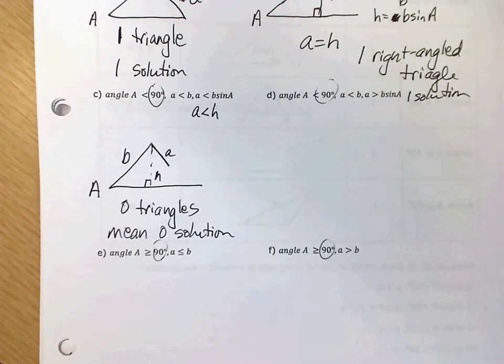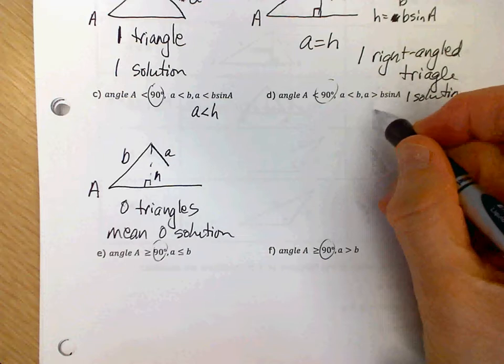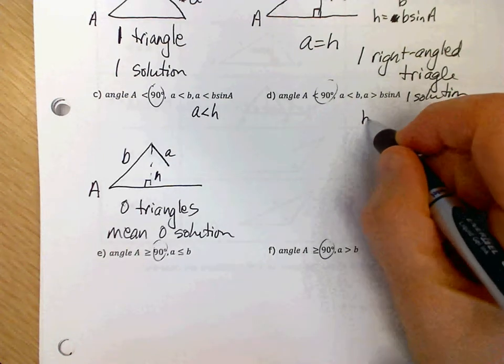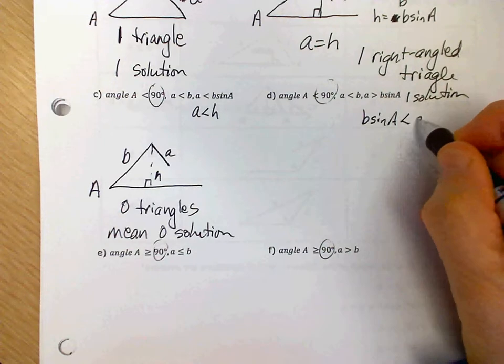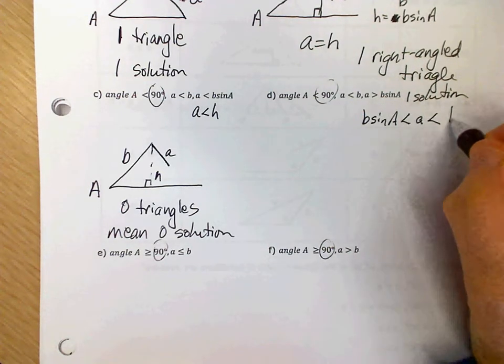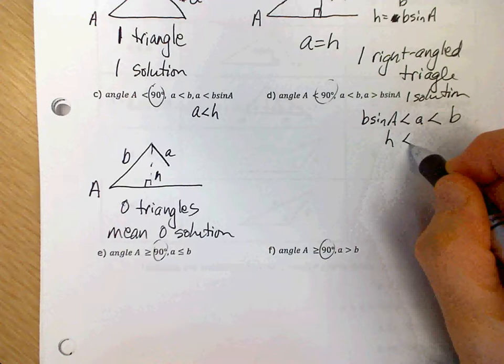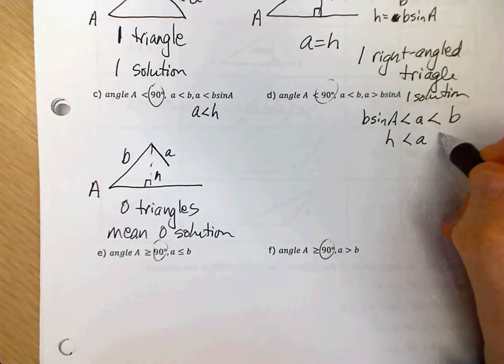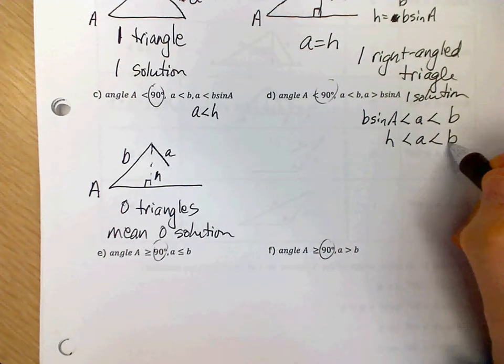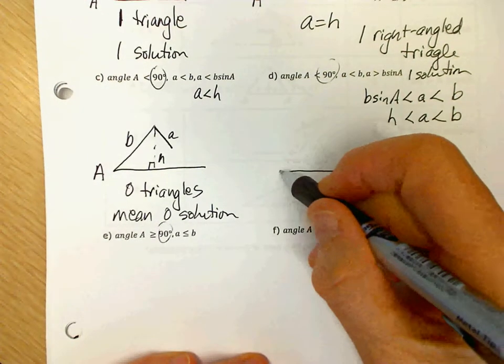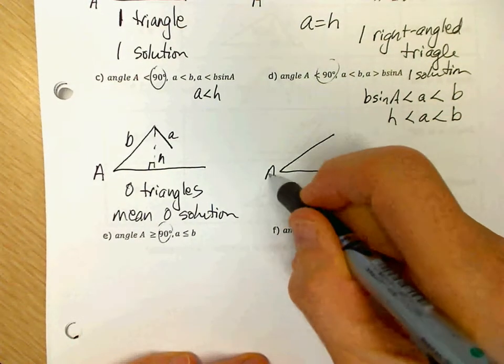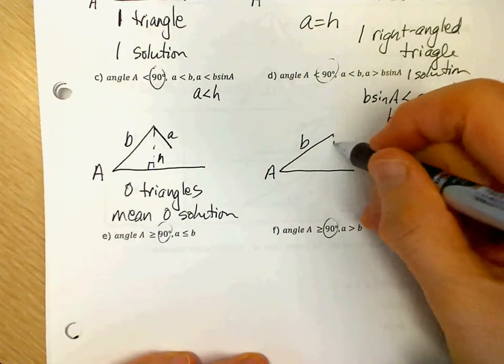Now this one they're saying B sine A is less than A, which is less than B. So when A is between the height and the other given side, this is what happens. Here's their height.